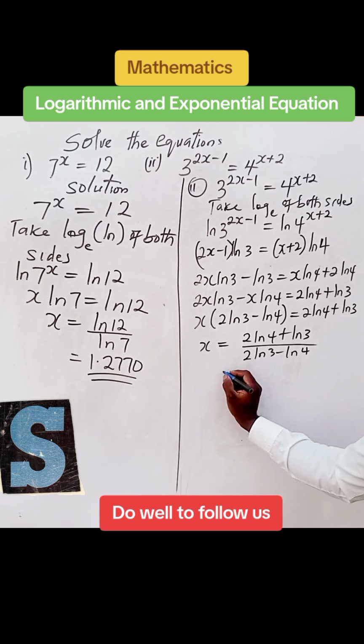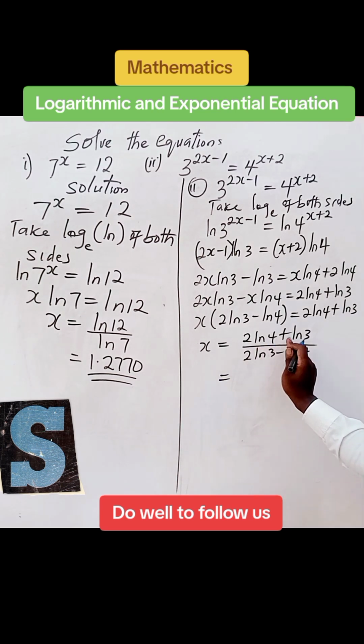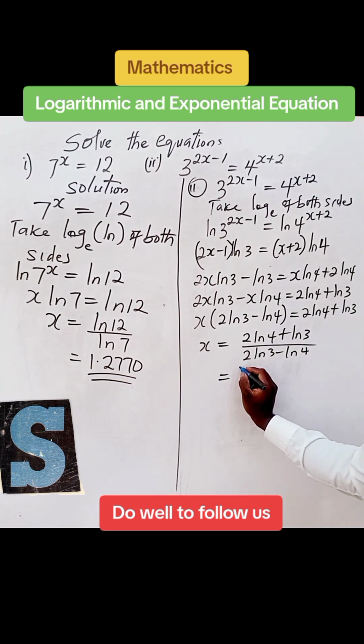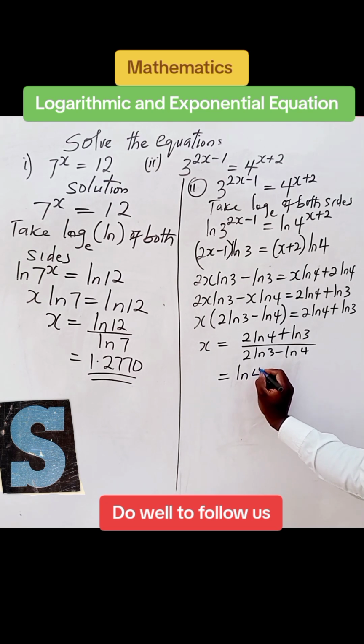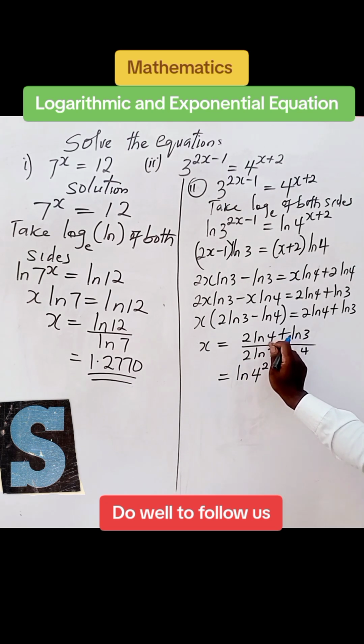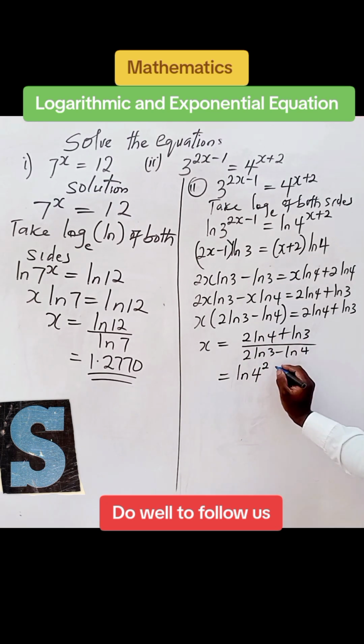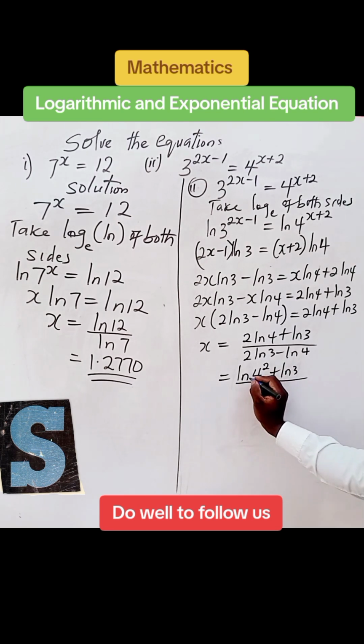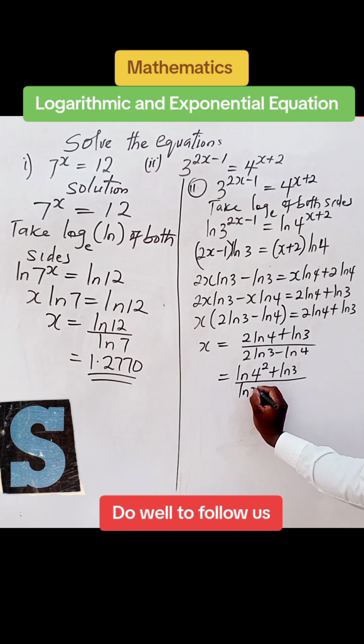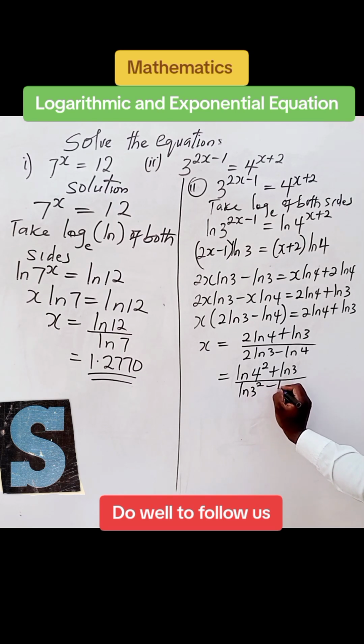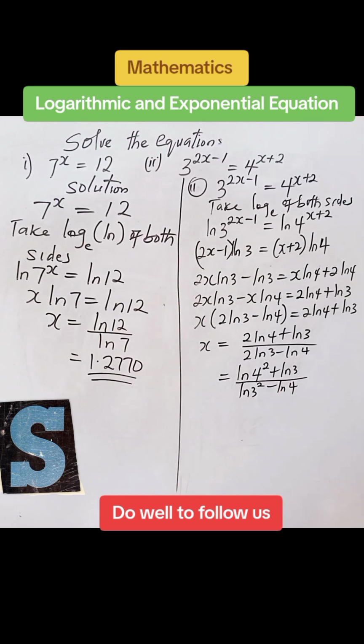Here what you do next is to apply the law of logs again to give you ln 4 squared, this one becomes power, plus ln 3, all over ln 3 squared minus ln 4.